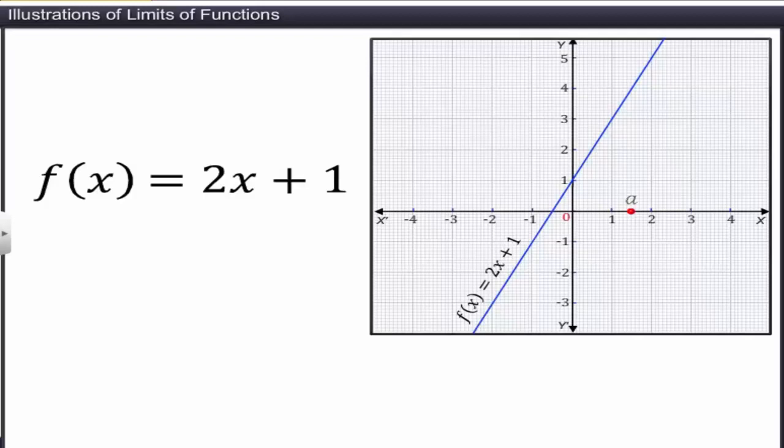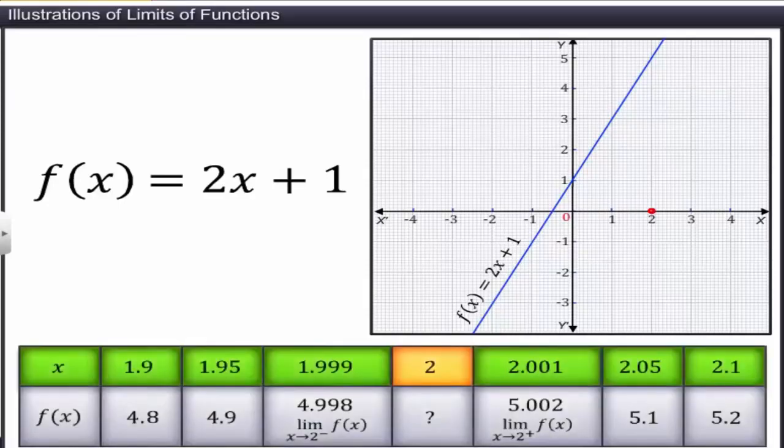Let's find the limit of the function at 2. We obtain the values of the function very close to 2. The values are in the table here. In the table, the values close to 2 are 1.999 and 2.001. These are the points to the left and right respectively of the point 2.